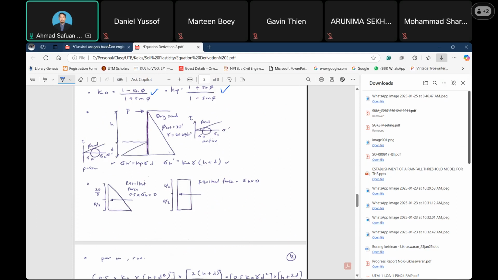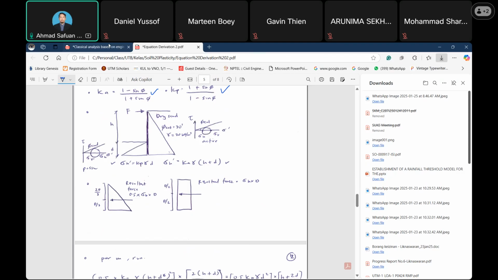Stress distributions are often triangular, increasing with depth, or they can also be rectangular.